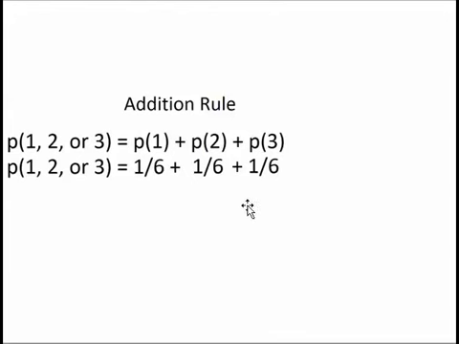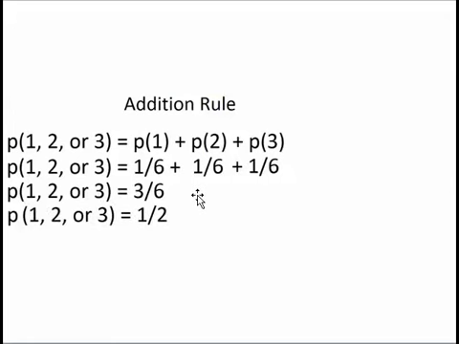So 1 plus 1 plus 1 equals 3, and we put the 3 over our denominator of 6, and the answer is 3/6. Or if we reduce, the answer is 1/2. Finally, we could change our answer to a decimal by dividing 1 by 2, and the answer is 0.5 as a decimal. I wanted to go through just a few more examples.